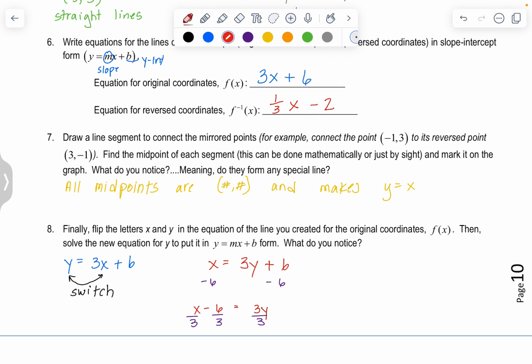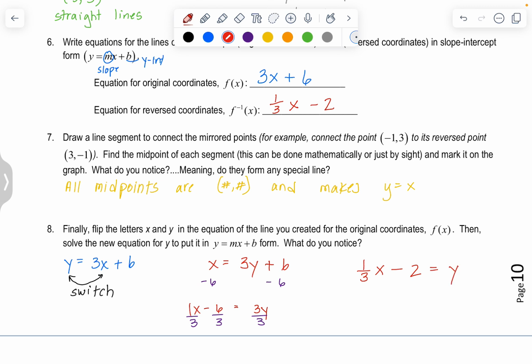Now, that x, you didn't see it, but there is a number in there. It is the number 1. That is 1x. So when I divide these, that is going to be 1x divided by 3, or what I will call 1 over 3x, means the same thing, minus 6 divided by 3 is 2, and that's equal to 3 divided by 3, which is 1y.